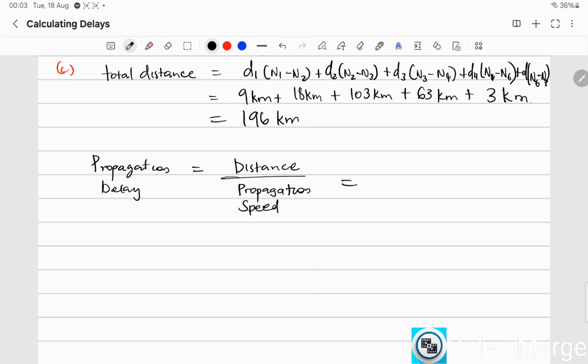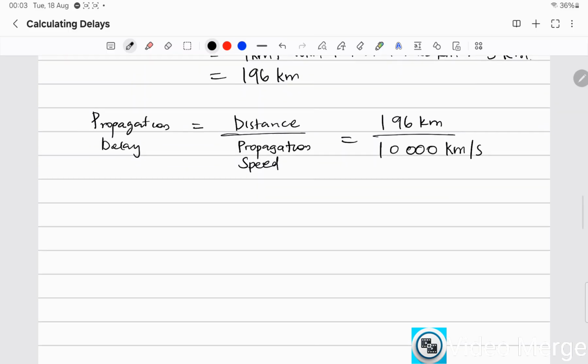In our case, the distance is 196 kilometers, and the speed was 10,000 kilometers per second. So this we know for sure. If we punch it on our calculator, it's going to give us 0.0196. I'm rounding off to the nearest 4.